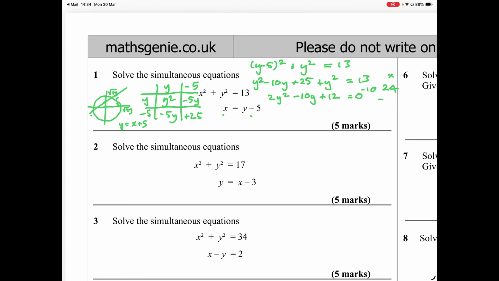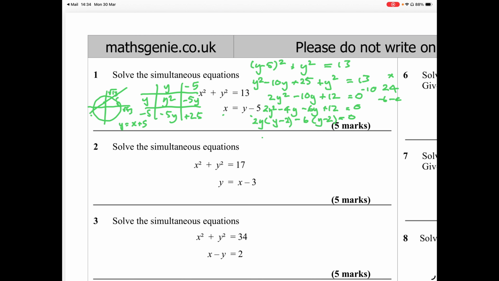That is going to be minus 6 and minus 4. So 2y squared minus 4y minus 6y plus 12 equals 0. That would be 2y(y minus 2) minus 6(y minus 2) equals 0.